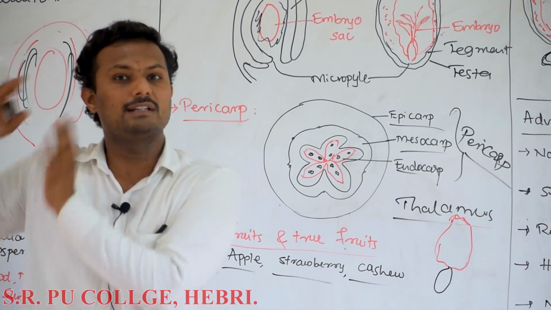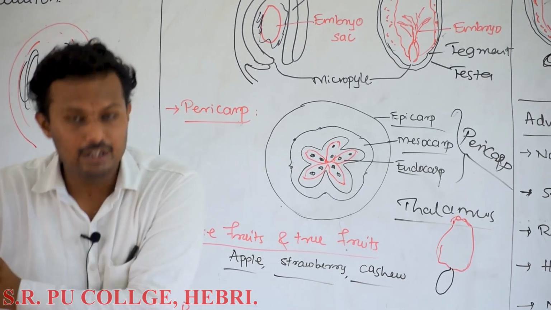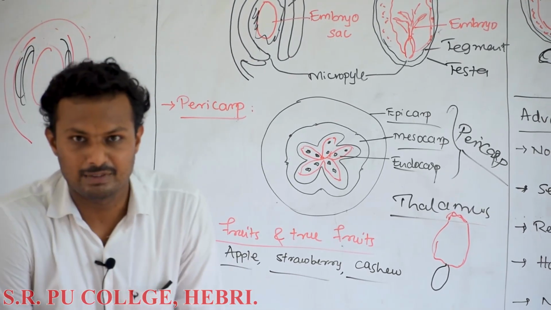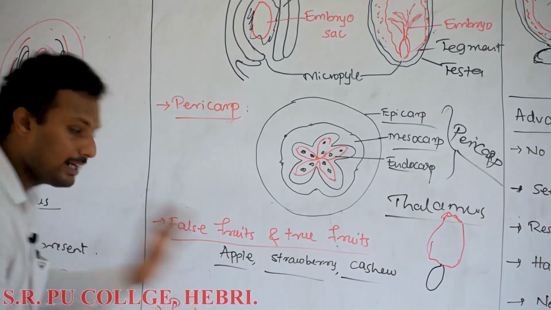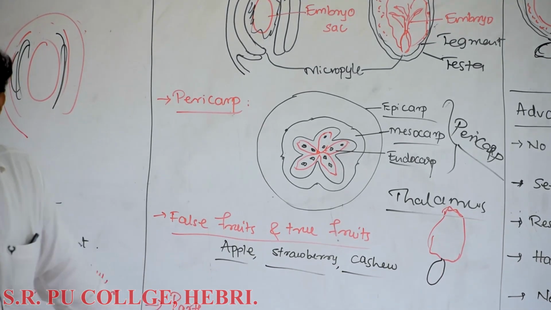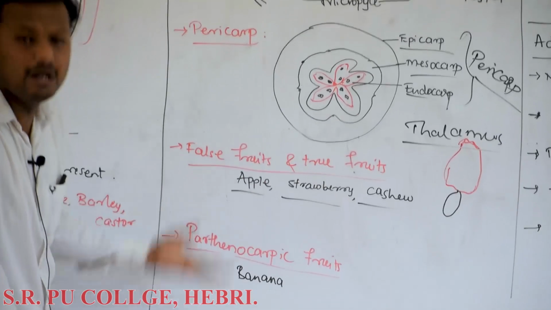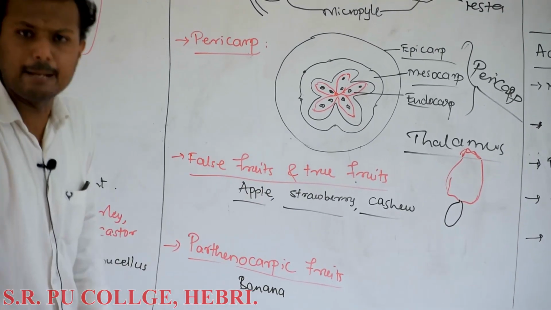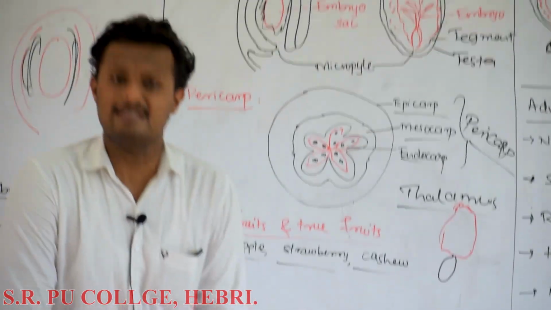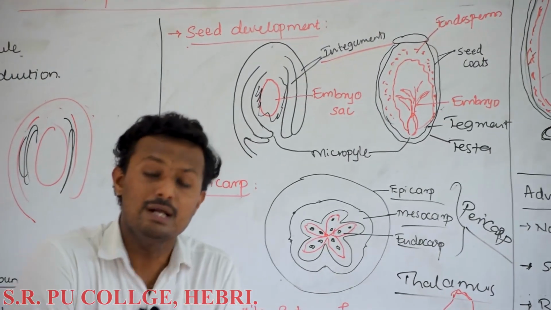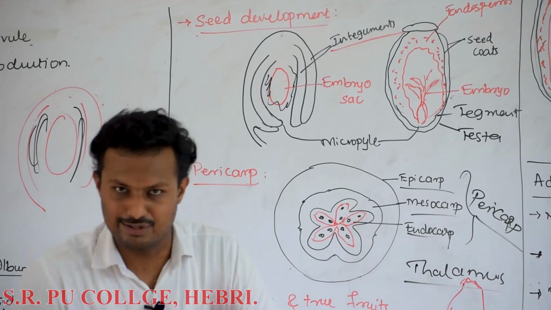Parthenogenesis is the development of the young one, in the case of animals, directly from the female gamete. So that is different. Here we are talking about parthenocarpic fruits, for example banana, papaya, and grape. How is it done? In some plants, naturally the fruits develop without fertilization because of hormonal variations.